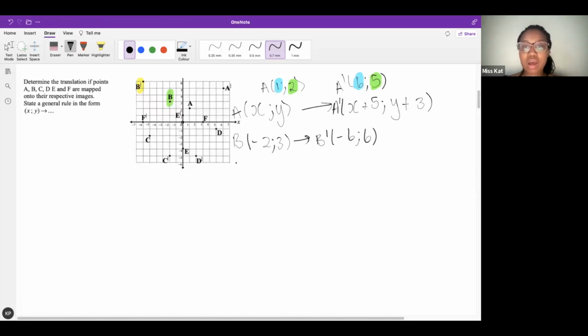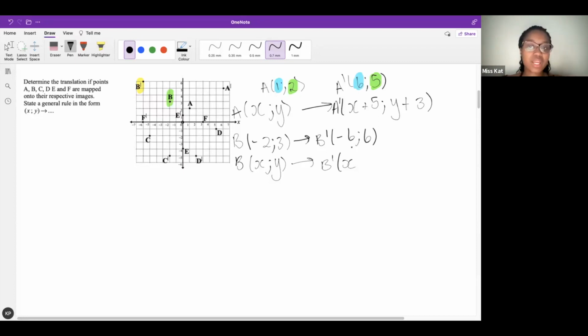Now we said for B, the original coordinates is just X and Y. I want you guys to tell me, how did I move to get to B prime? I went from -2 to -6. Did I add or subtract? We moved left, correct. Is that a minus or a plus? If we move to the left, remember we're looking at the x-axis.